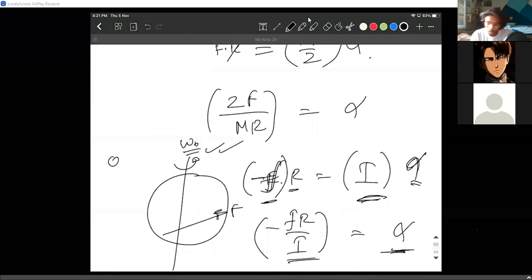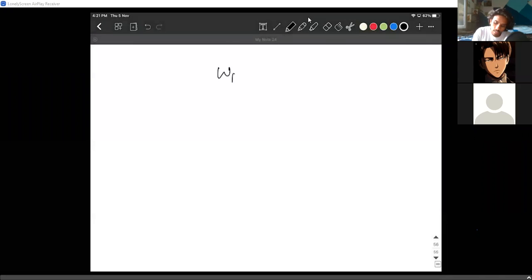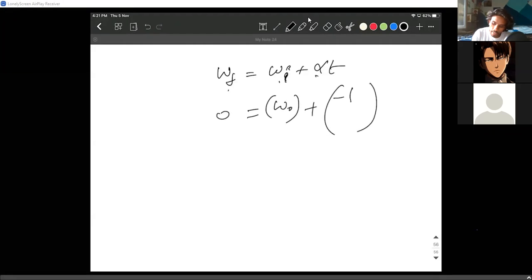So you'll have to do these problems like, omega final equals omega initial plus alpha t. V equals u plus at. Omega initial is given as omega naught. Omega final is 0. Alpha, we just found as minus FR by I. Into t. From this, you can find the time t. That's all. These are the kind of problems that you're going to see a lot.